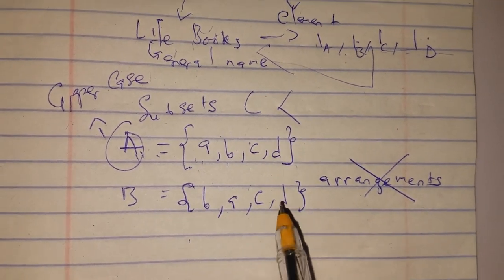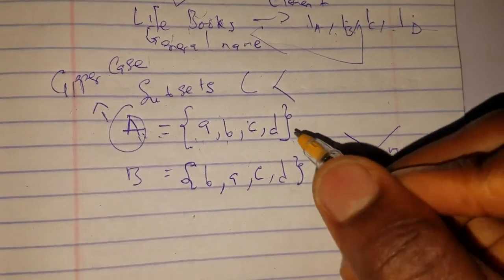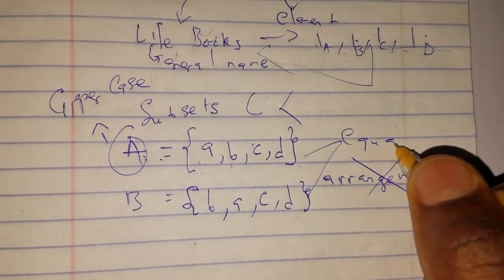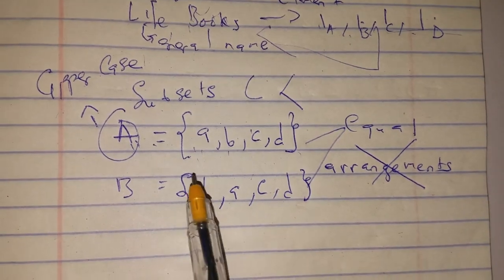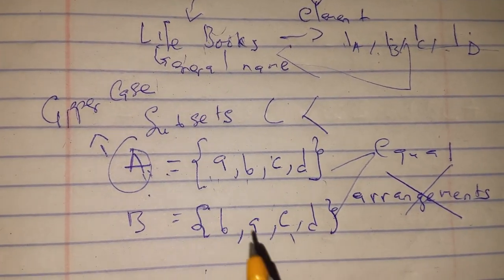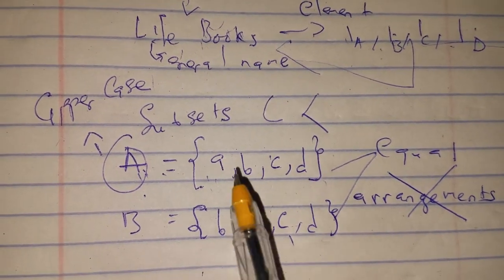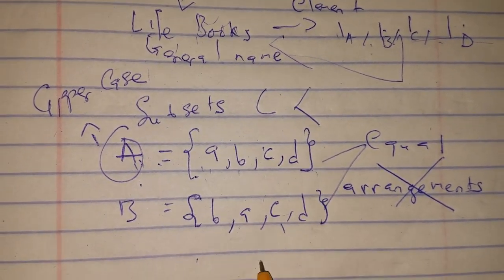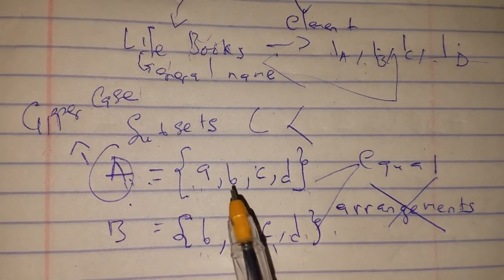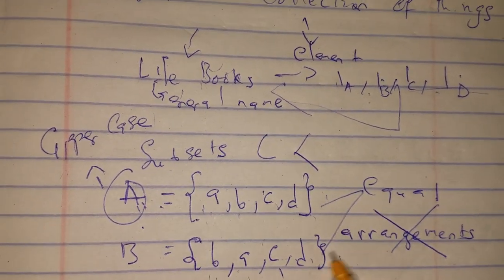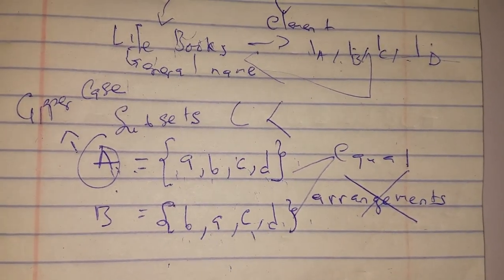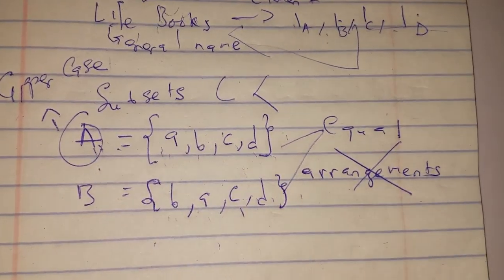It is the elements in the set that tell you if two sets are equal. Set A is equal to set B because they have the same elements: A, B, C, D or B, A, C, D. It's still the same thing as far as the elements are the same.